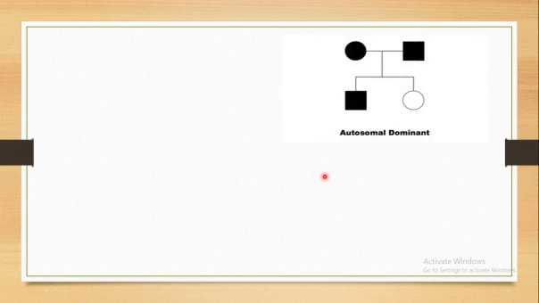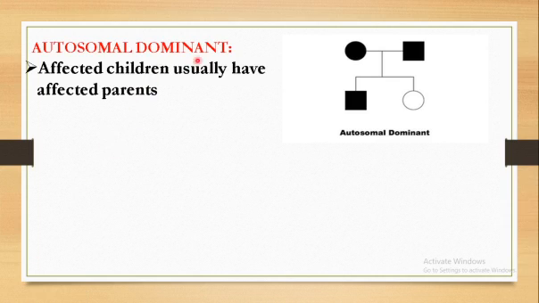First, we will go to autosomal dominant. Now, autosomal dominant characters usually have affected parents. Here you can see this is the second generation, first child. One of the children of this particular couple is affected.